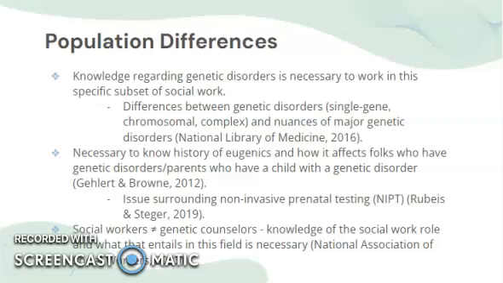Down syndrome is a great example of that. And complex, where two or more genes are mutated or affected. Diabetes is a great example for that, because you have that gene inherited, but then you also have an environmental factor that triggers it essentially. So knowing the nuances of major genetic disorders is all around very helpful and necessary for this specific field of social work.